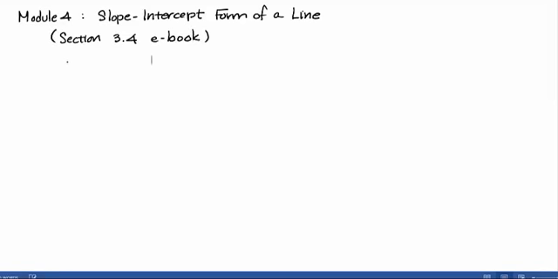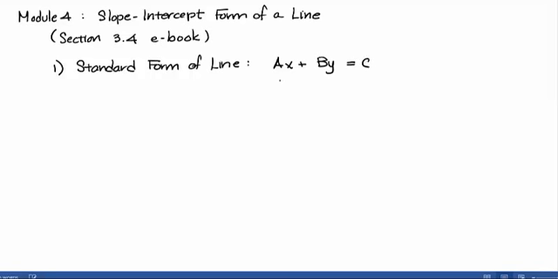Okay, so remember a couple sections ago we talked about the standard form of an equation of a line, and that we said it was in the form ax plus by equals c.